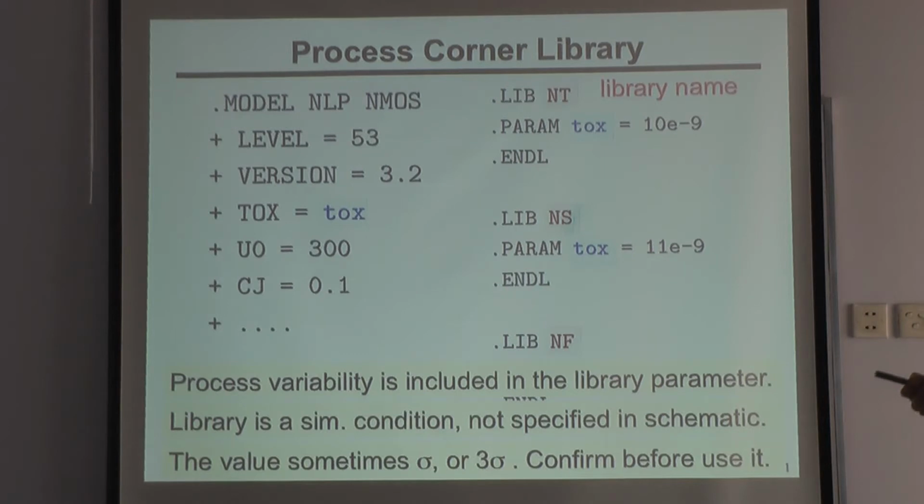That kind of variability is included in the library. Here, typical means the gate oxide thickness is about 10 nanometers, but sometimes the gate oxide becomes thicker, or sometimes thinner.